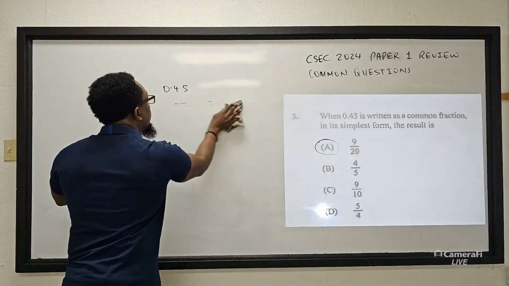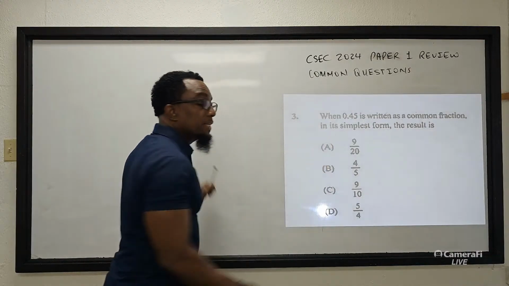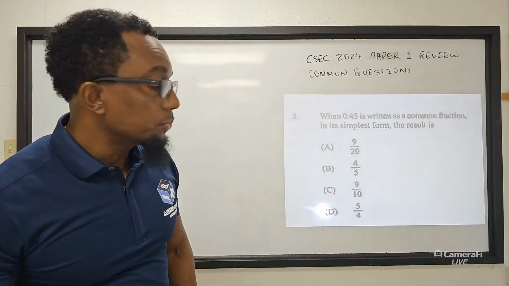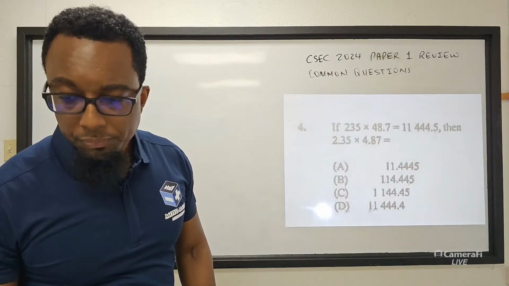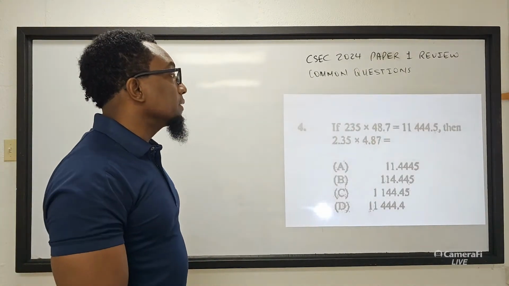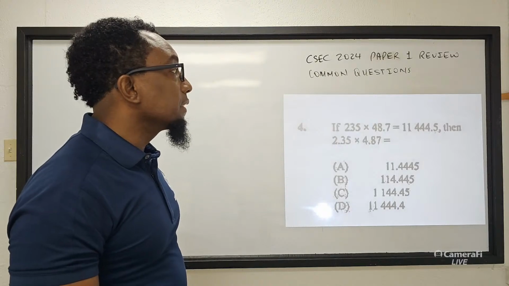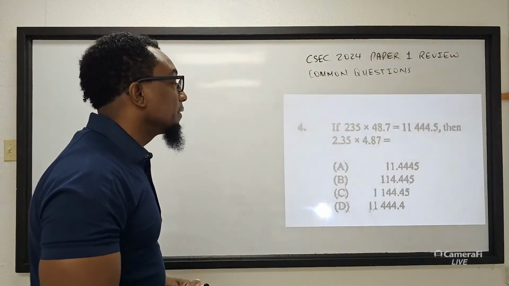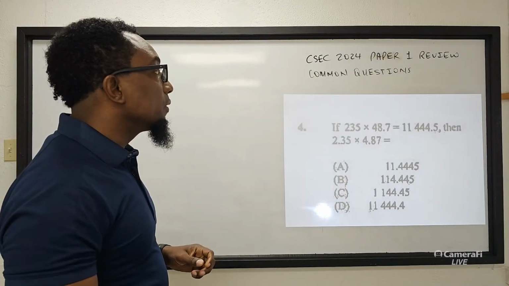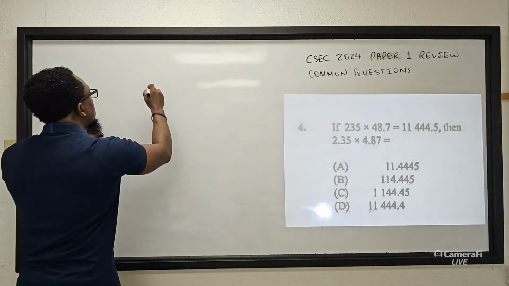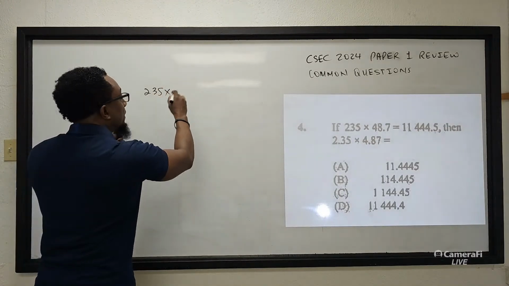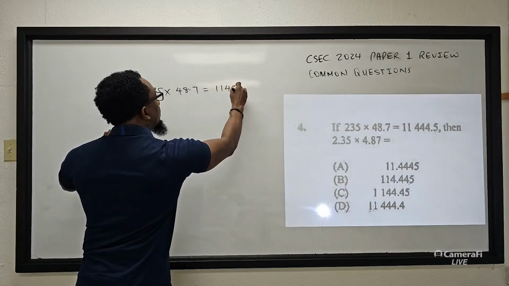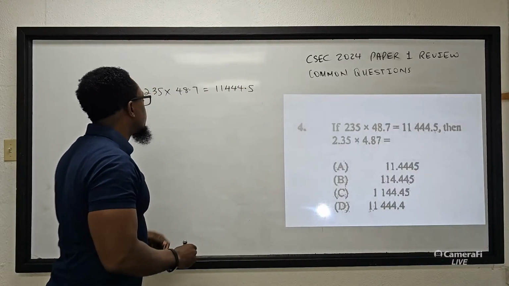Let's move on to question 4. So we're doing 60 quick multiple choice questions. Let's hope that these questions are seen in the exam tomorrow. If 235 by 48.7 is equal to 11,444.5, then 2.35 by 4.87 is equal to... So we know 235 times 48.7 is equal to 11,444.5.